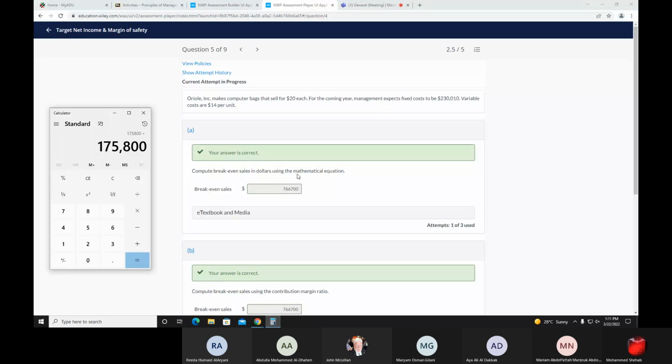Well, total sales at break even is contribution margin divided by the contribution margin ratio. So I got the contribution margin, 6, divided by, well, it's 20 times the number of bags. And I don't know the number of bags, so I have to go back and figure out what's the number of bags. So I take 230,000 divided by 6 to give me the number of bags.